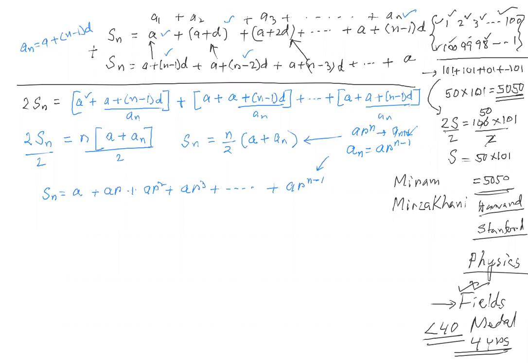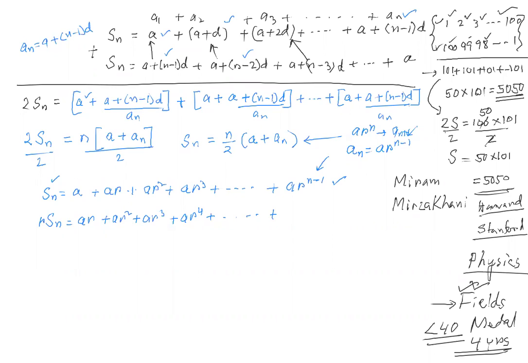Now this is just writing it out. This is what we want to find out. What is this value, this partial sum? Now let's take the same equation and multiply it by r. So r times S sub n is going to be ar plus ar squared plus ar cubed plus ar to the power 4 and so on.